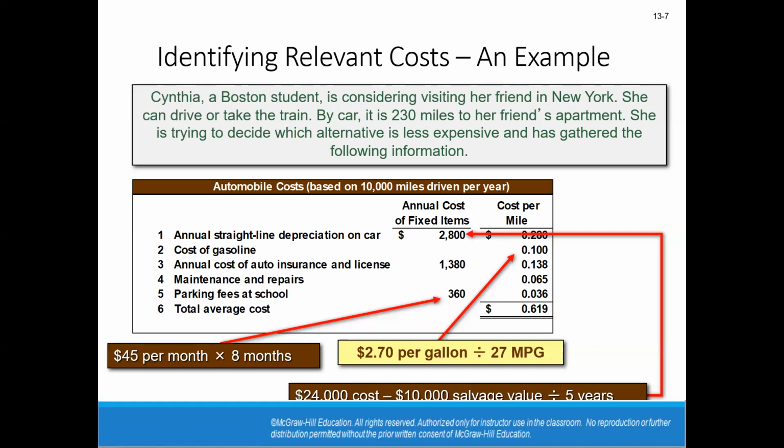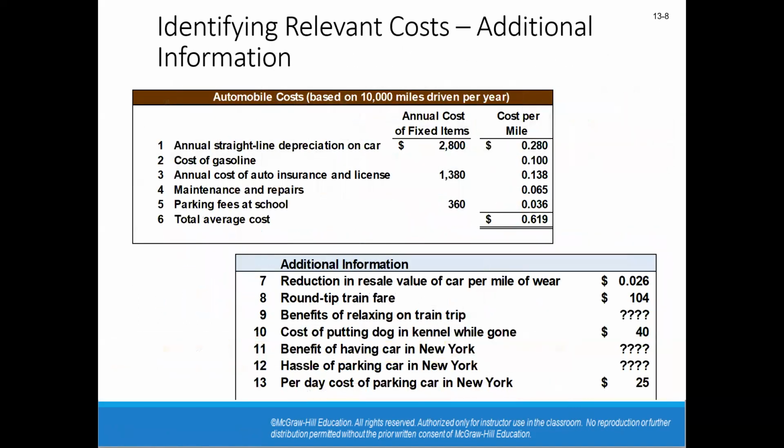The parking fees at school, 45 per month times 8 months, is that relevant? Do you see she's coming up with all these potential costs and she's trying to break them down into cost per mile? Got it? So she's looking at a $24,000 cost minus 10,000 salvage value divided by 5 years. So she's doing a straight-line depreciation on her car and coming up with that per mile.